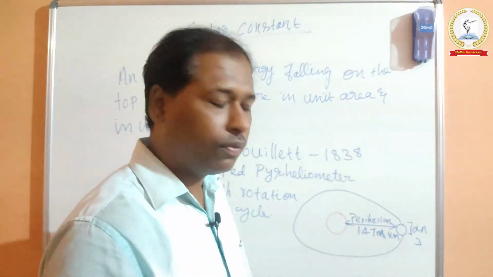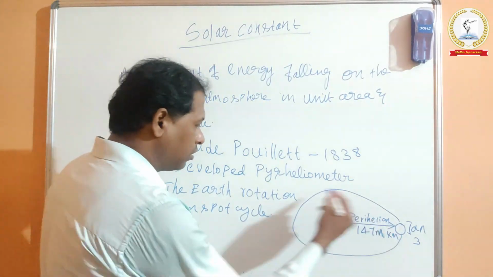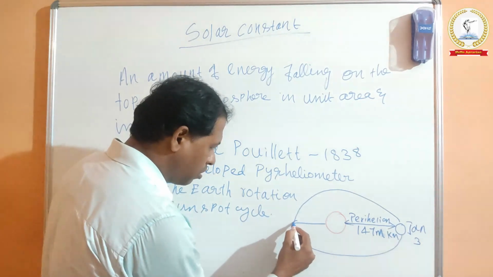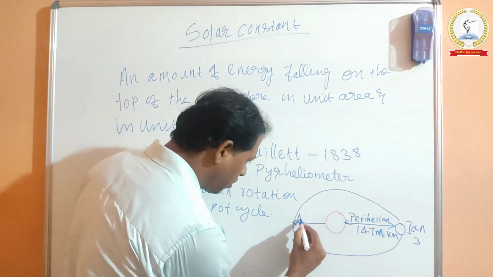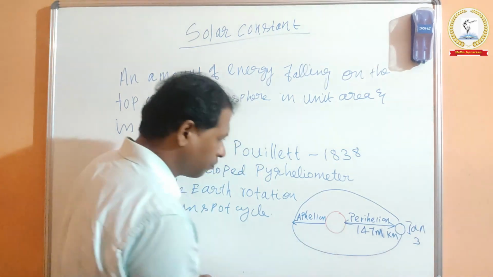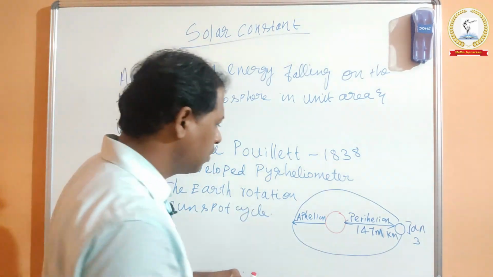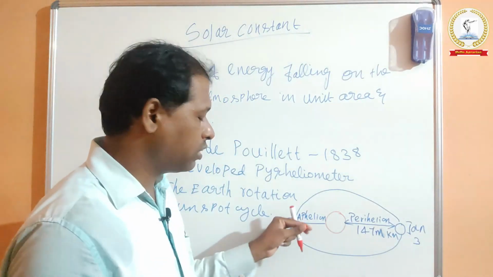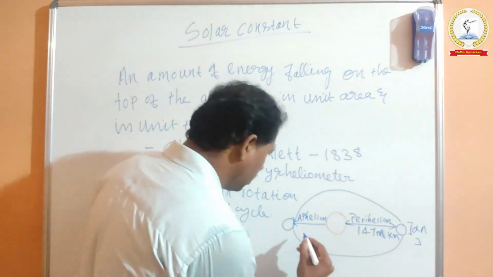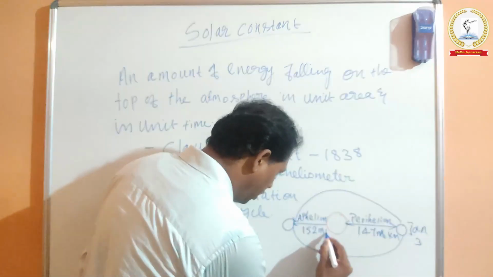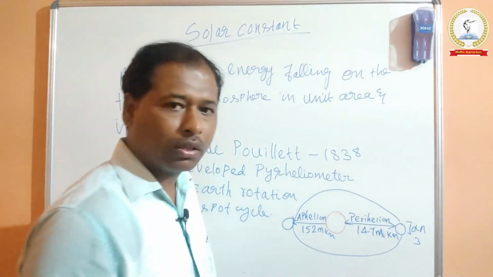Okay, and another one is when the earth goes away from the sun, that is called aphelion. So during this time, the distance between sun and earth is about 152 million kilometer.